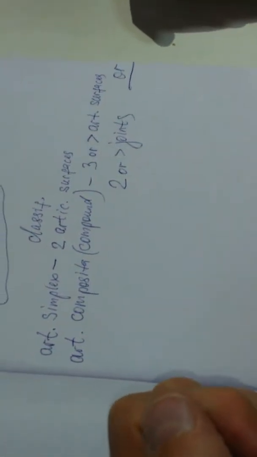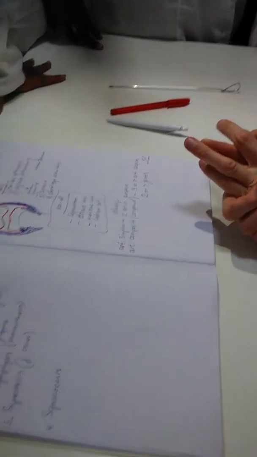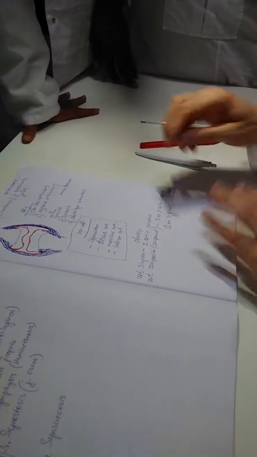For example, articulatio cubiti, the elbow joint, consists of 3 joints. Articulatio genus, the knee joint, consists of 2 joints. But it will be another case history.